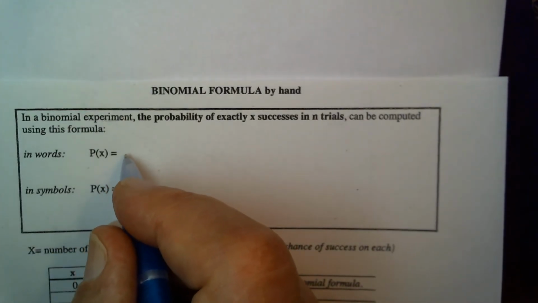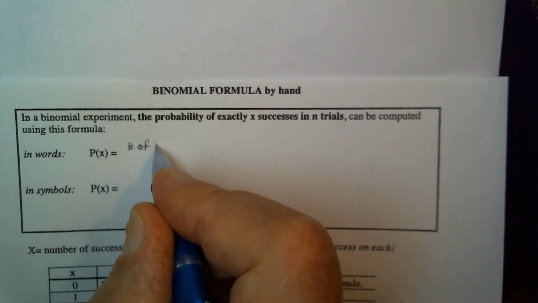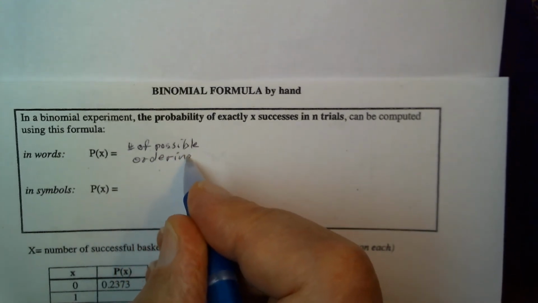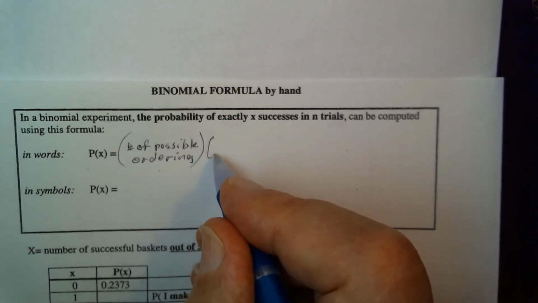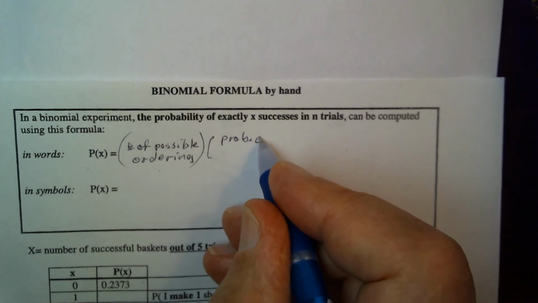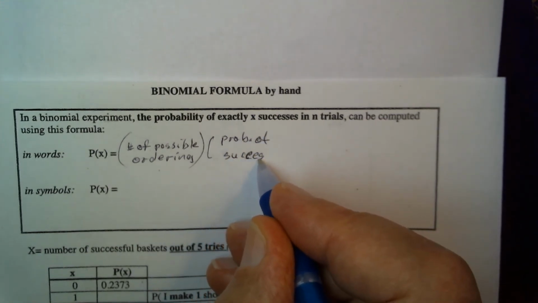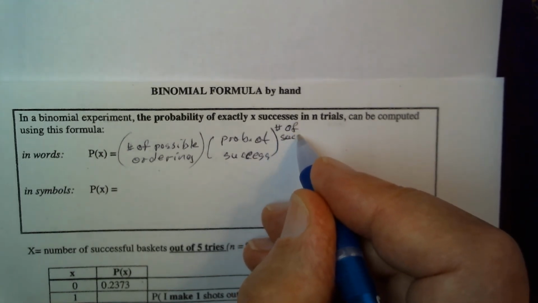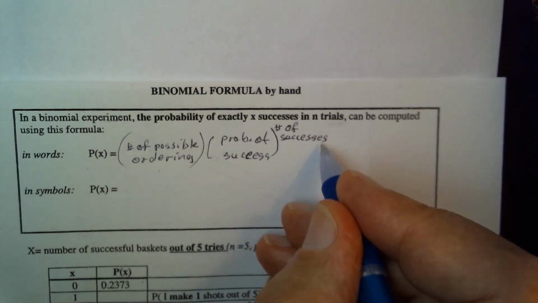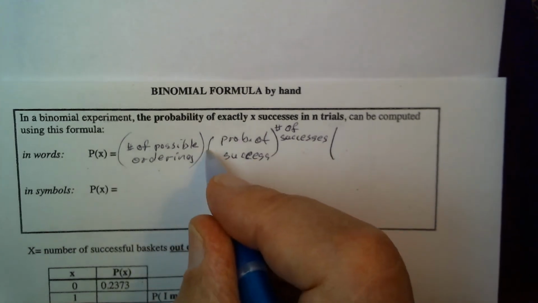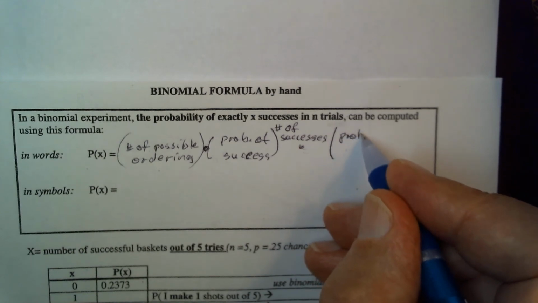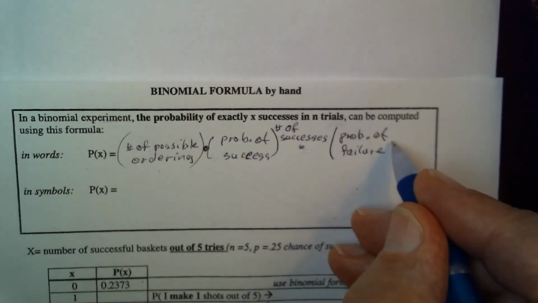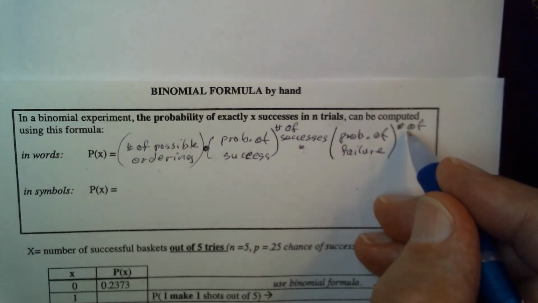It's basically the number of possible orderings, like we did a moment ago in the other example with 5 shots, times the probability of success raised to the number of successes, times the probability of failure raised to the number of failures.